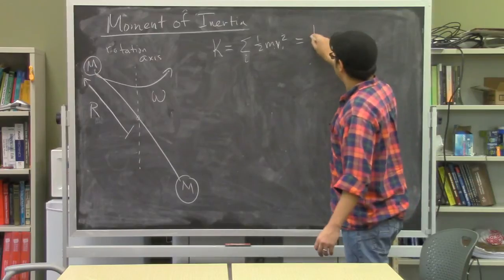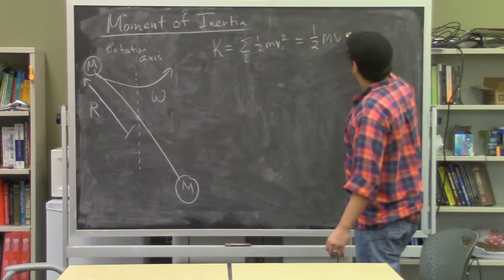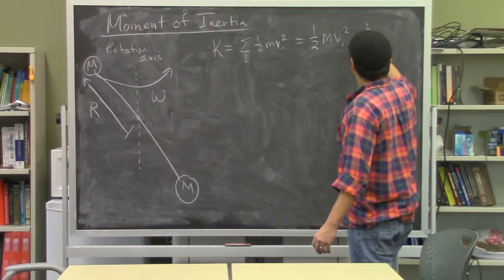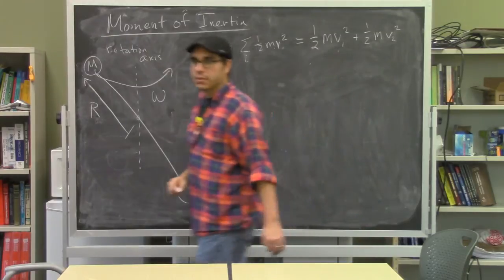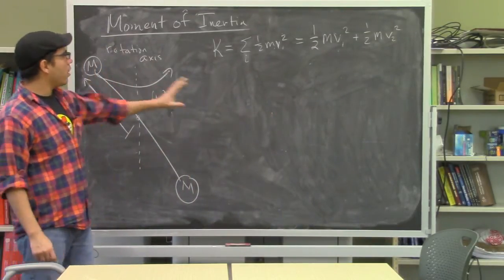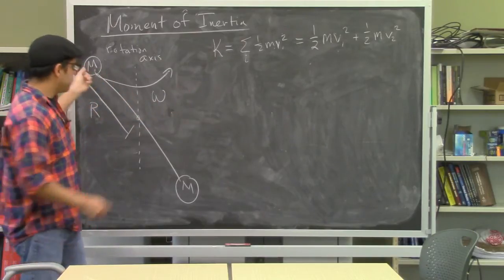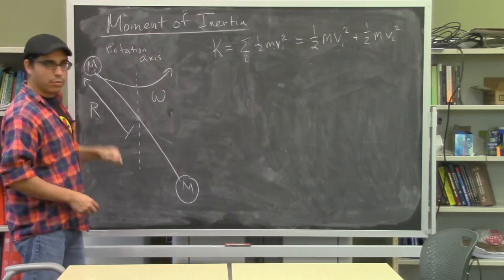And so we will keep track of each one. They both have the same mass, but we want to pay attention to their speeds just in case they are different. And so we're going to add those up like that. Now the thing that we have to be careful about is thinking about what those speeds are when these objects are rotating around this axis in and out of the board like this.